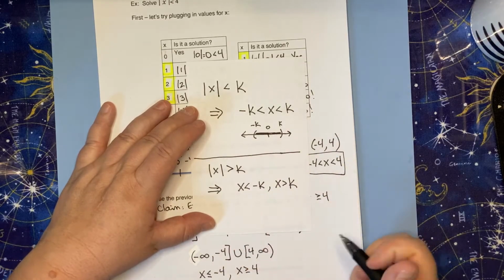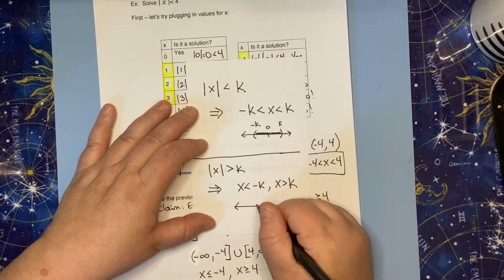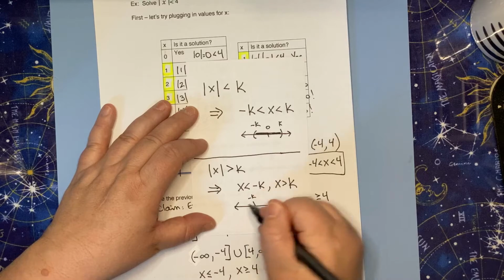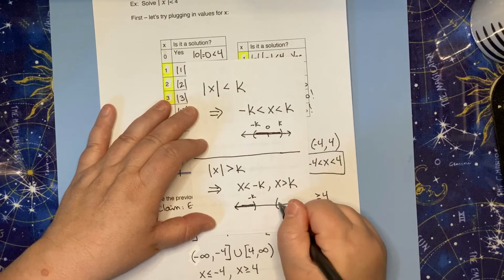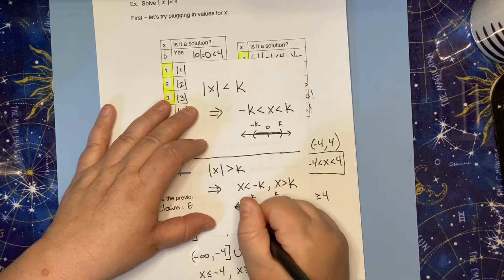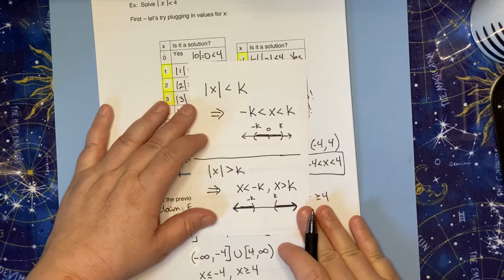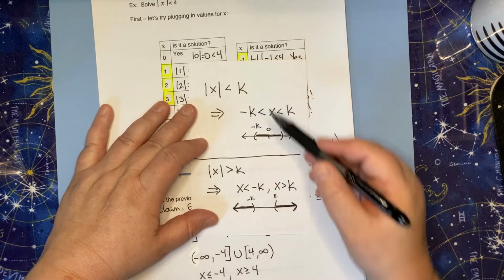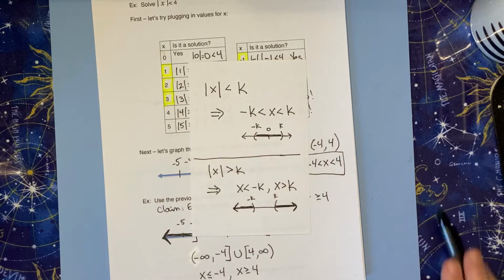So it's those two pieces, that feeling that you've got the opposite of k over there, and k is right here. There we go. Woohoo! What do you think? So if you're less than, you stay in the middle, and if you're greater than, you go to the ends.